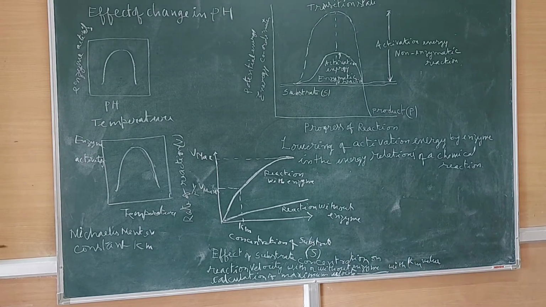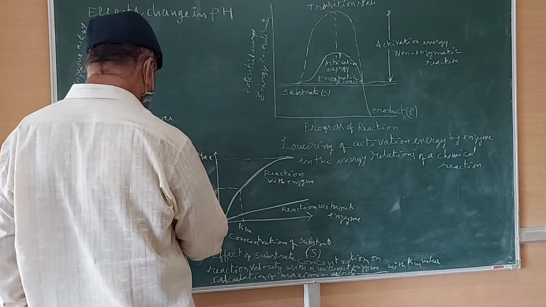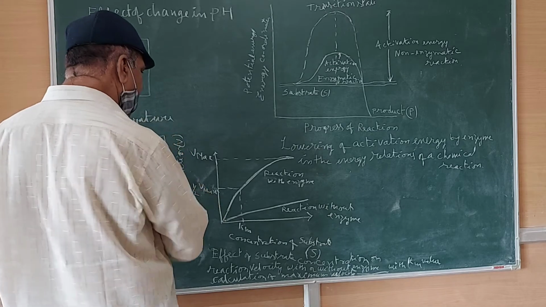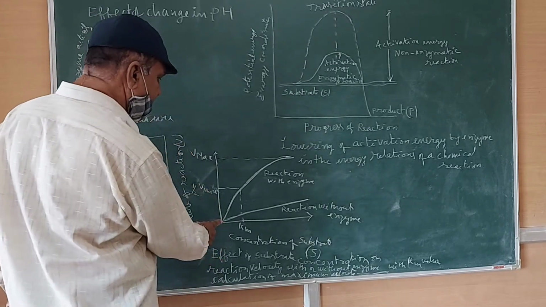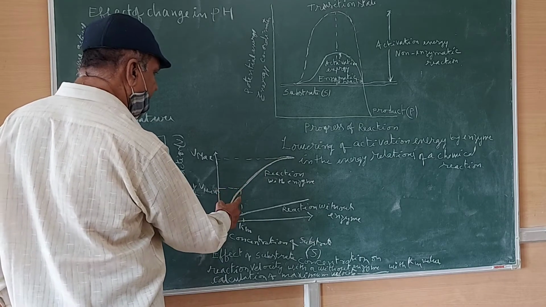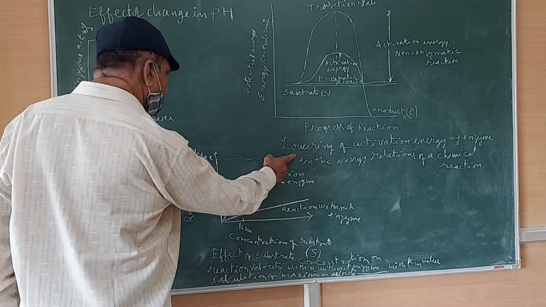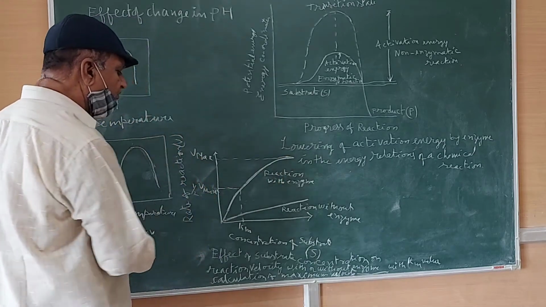Here, this is the concentration of substrate, and this is the rate of velocity V. When substrate concentration increases, the enzyme activity increases up to one concentration, that is called Vmax.